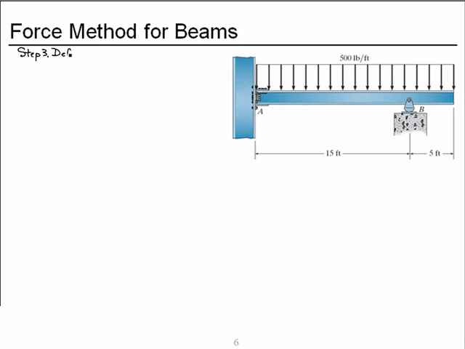Let's predict deflection of the primary structure, in this case the cantilevered beam, due to the applied loads, in this case the uniform distributed load.